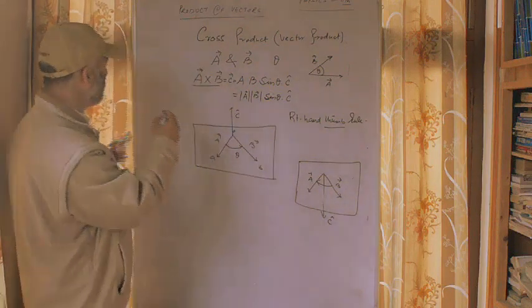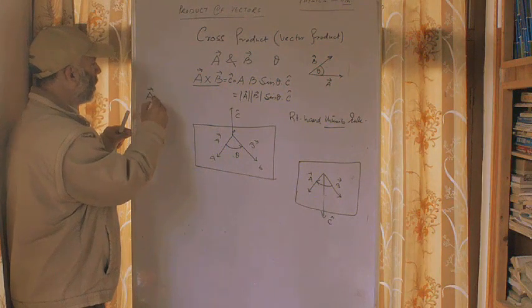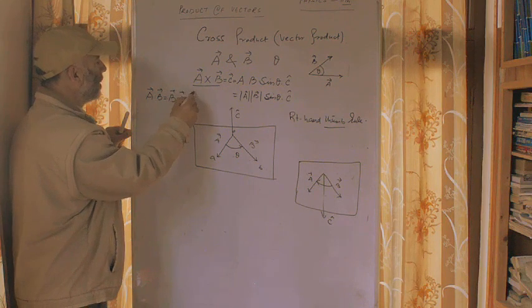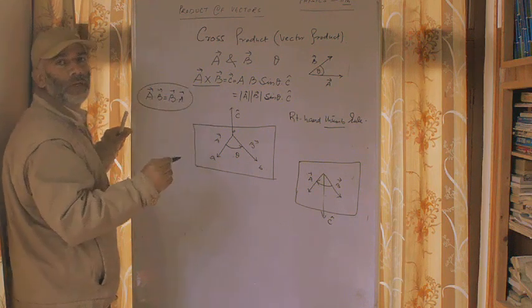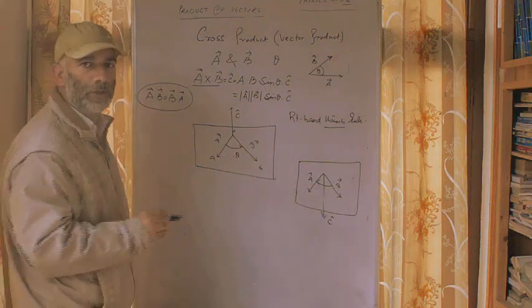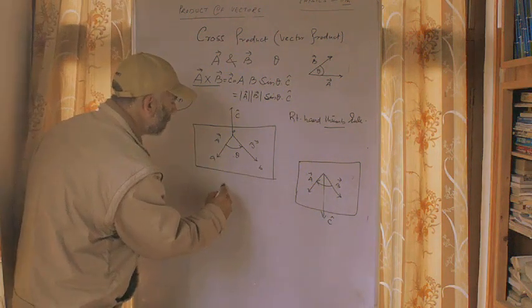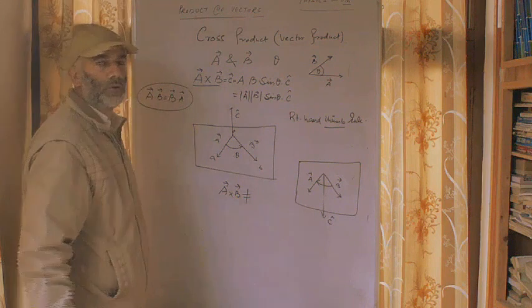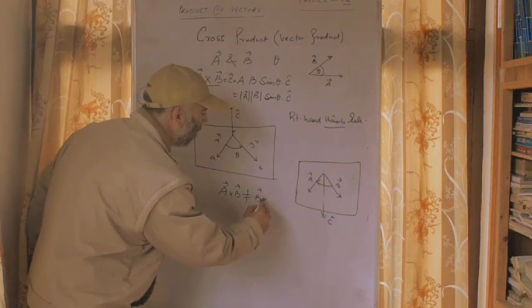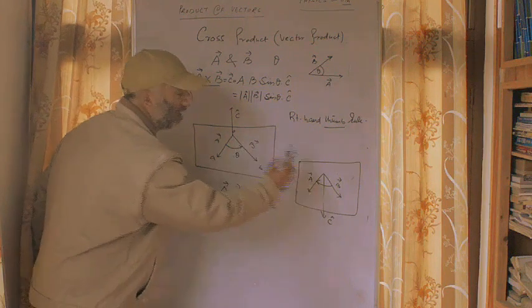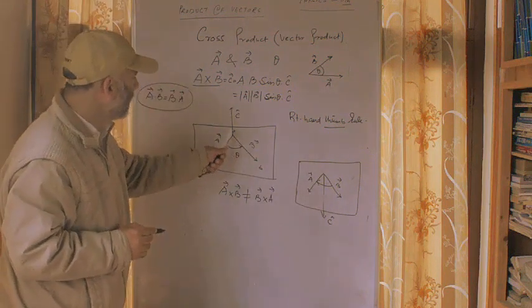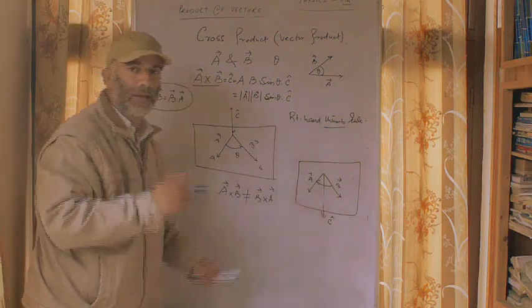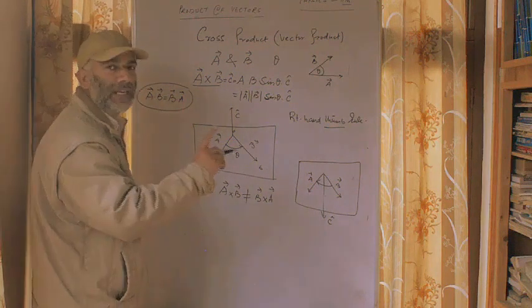Just now in our previous lecture we talked that A dot B is equal to B dot A. That means dot product is commutative. But that is not true in case of the cross product of the vectors. Cross product of two vectors, we can write it like this. A cross B is not equal to B cross A. Why? Because it is clear from the figure that A cross B is like this, and B cross A, they are perpendicular to the plane, but they are acting in opposite directions.